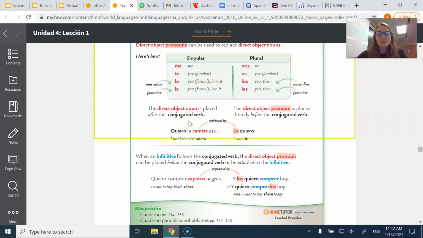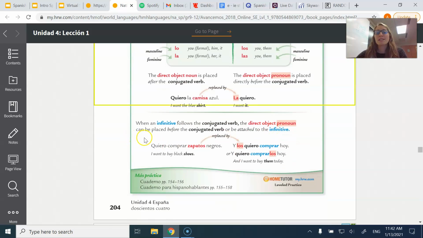So the direct object noun is placed after the conjugated verb. So if I'm saying, quiero la camisa azul, if I'm going to replace it with a pronoun, I'm going to put it in front of the conjugated verb. La quiero, I want it. However, when an infinitive, remember that's a verb that ends in an ER, AR, or IR, follows the conjugated verb, the direct object pronoun can be placed before the conjugated verb or be attached to the infinitive.